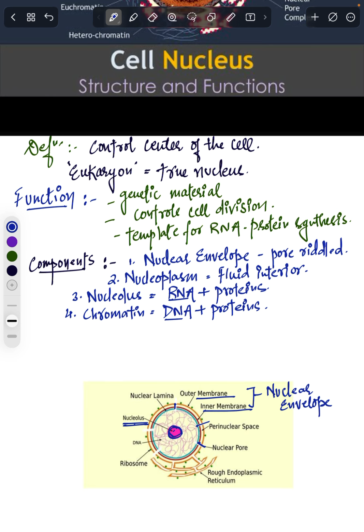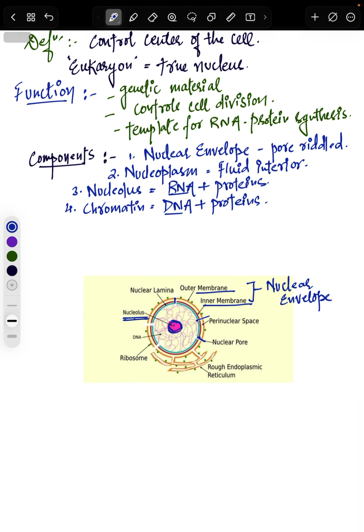Next, when we explore more about the nuclear envelope, we see that it is composed of an inner and outer membrane with perinuclear space. The space between these two membranes is called the perinuclear space. It is almost 7 to 8 nanometer in thickness and has a trilaminar appearance.